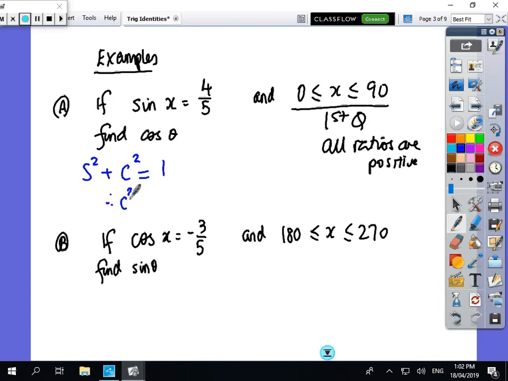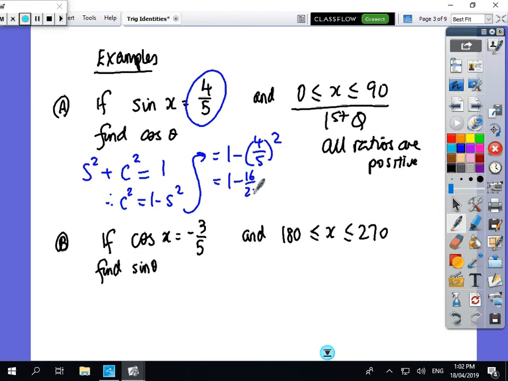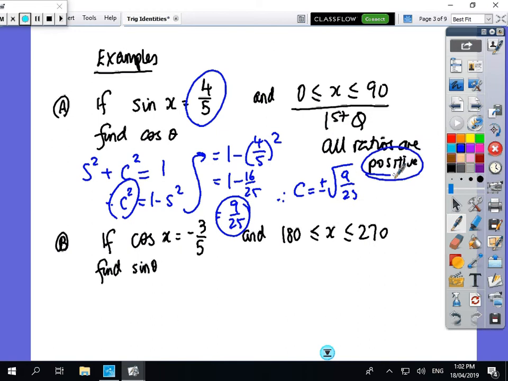Therefore cos squared equals 1 minus sine squared, which is 1 minus 4/5 squared, which is 1 minus 16 over 25, which is 9 over 25. So cos equals plus or minus the square root of that. And because all are positive, we just take the positive. The square root of 9 is 3, and the square root of 25 is 5.